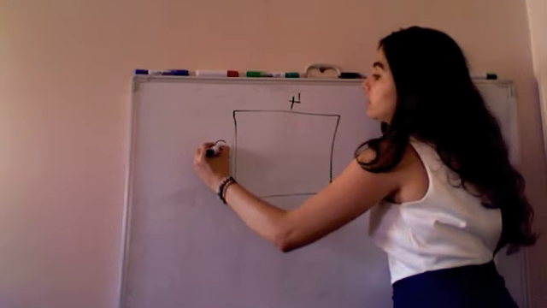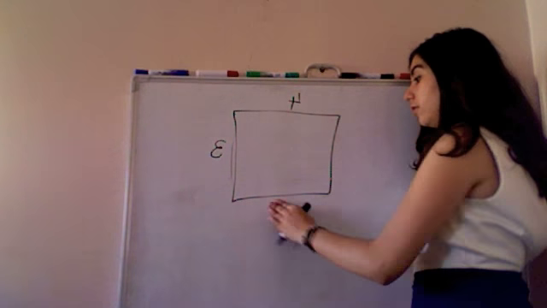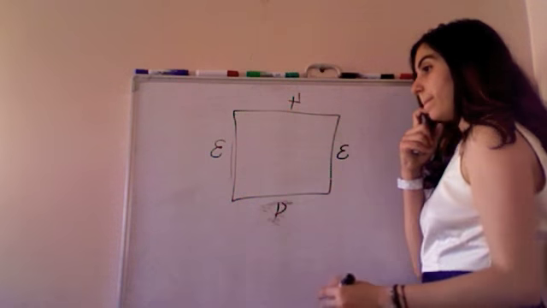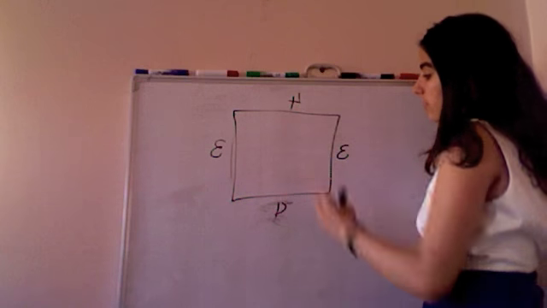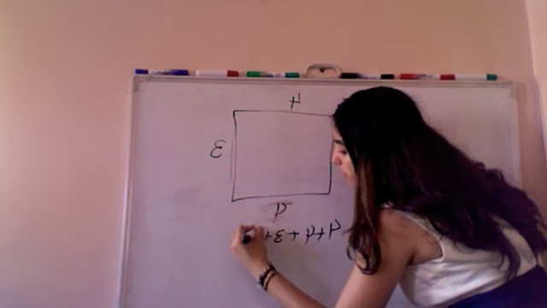The other side is 3. Sorry, this side is 4, and this side is 3. The perimeter would be the sum of all these together: 4 plus 4 plus 3 plus 3.